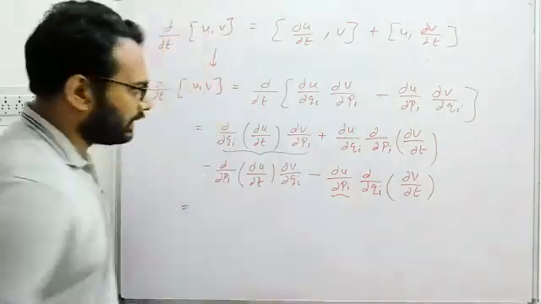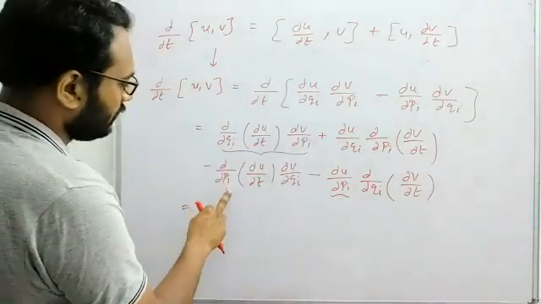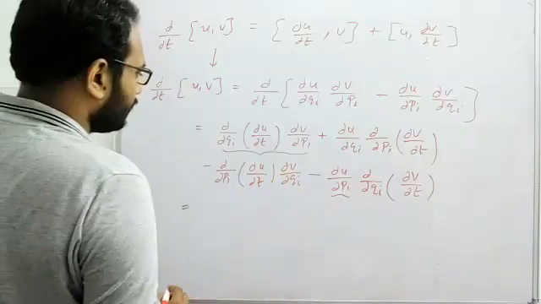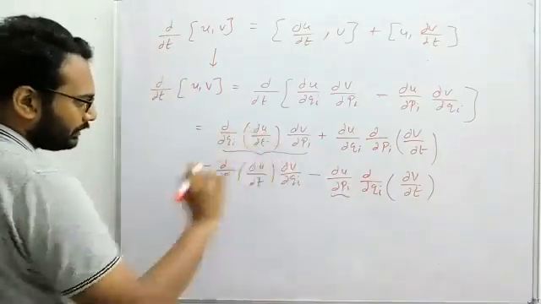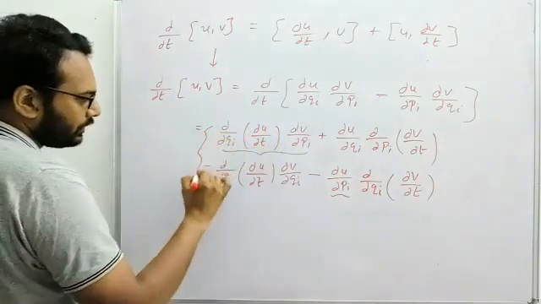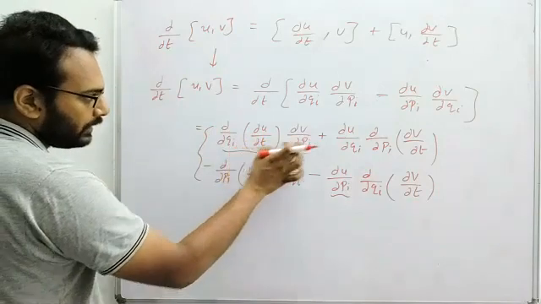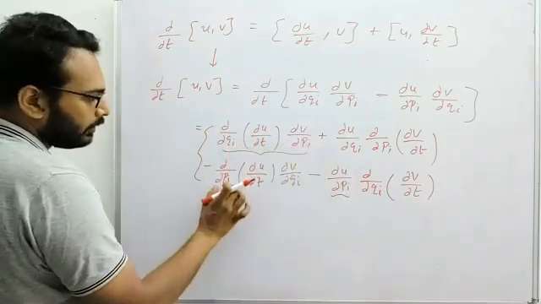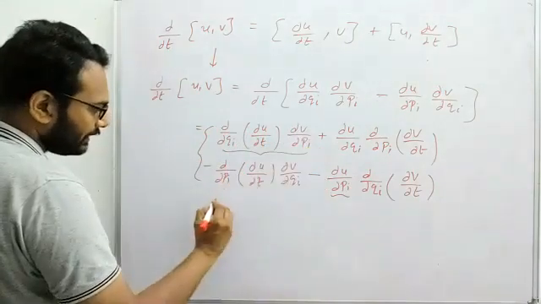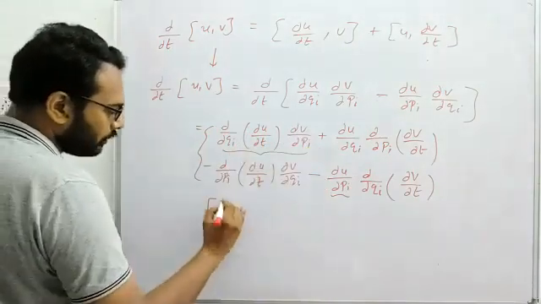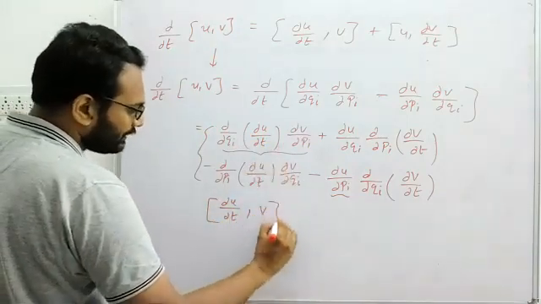No, let's combine it with this. Okay, so this is nicely written. We can combine these two terms. And what do these two terms give? This is ∂/∂qi of ∂u/∂t, ∂v/∂pi minus ∂/∂pi of ∂u/∂t, ∂v/∂qi. From the definition, you see that this is simply the Poisson bracket of ∂u/∂t with v. Is that correct?